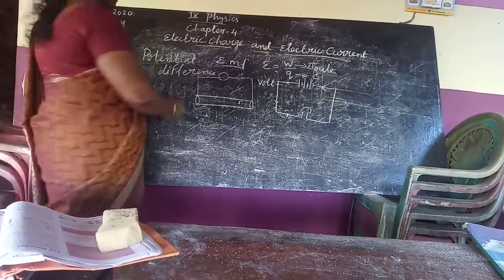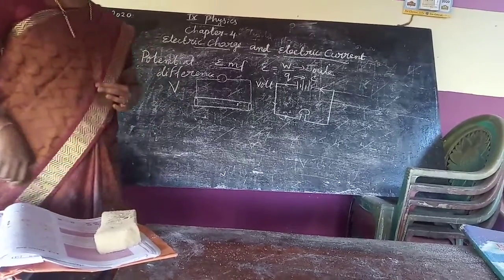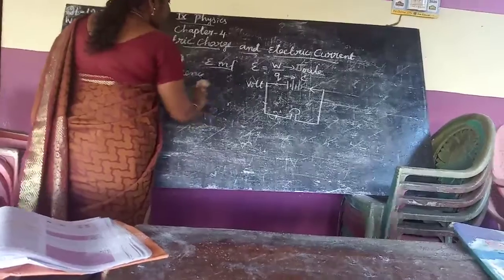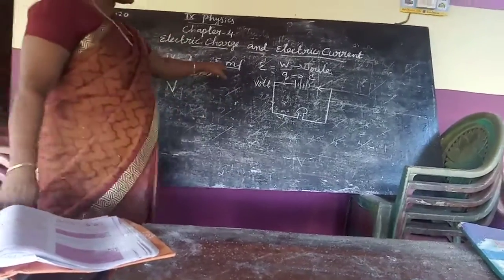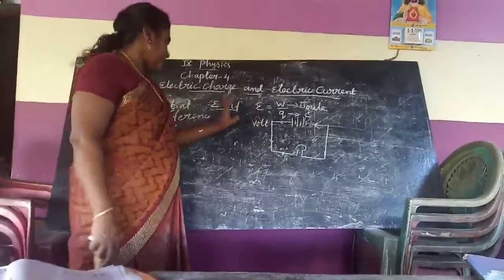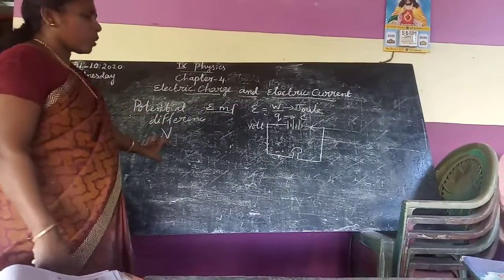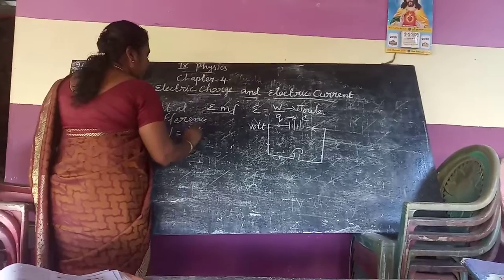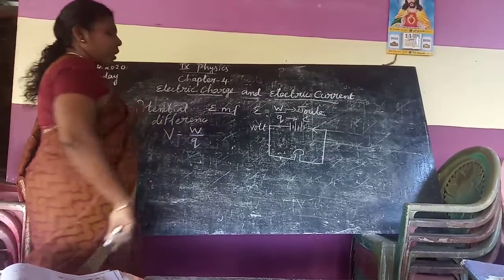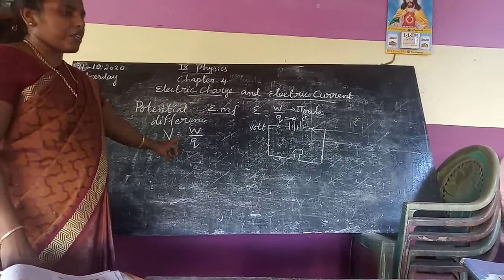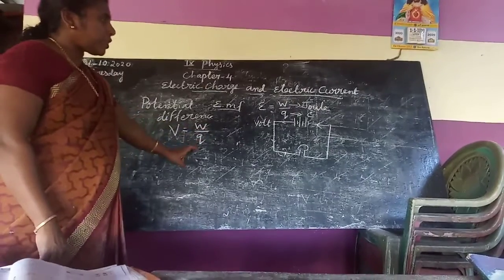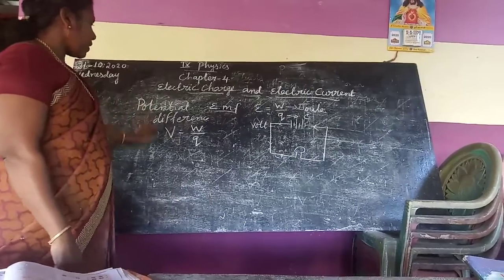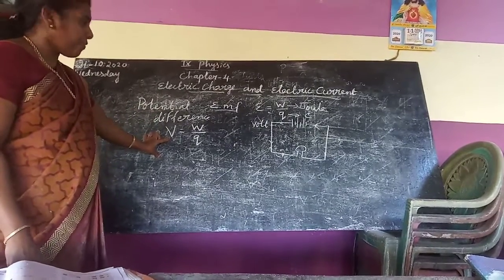Potential difference is denoted by the letter V. EMF, electromotive force, is denoted by E, and the potential difference is denoted by the letter V. The formula is the same: V equal to work done divided by charge.